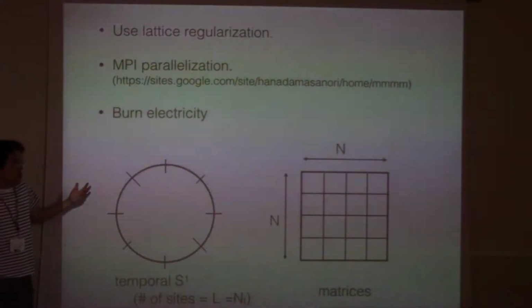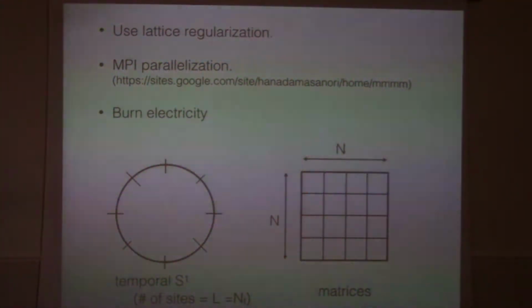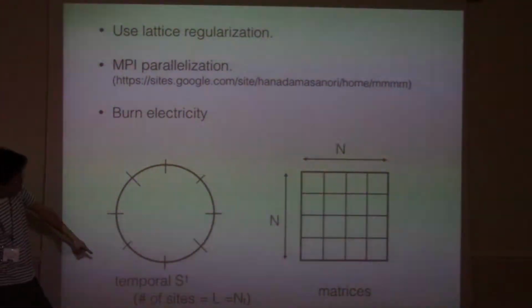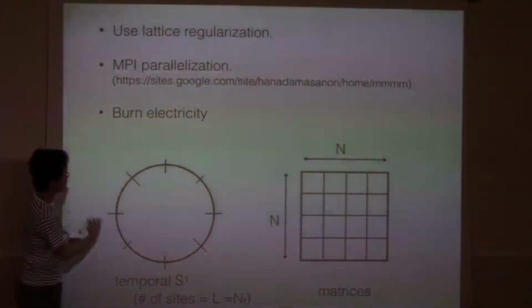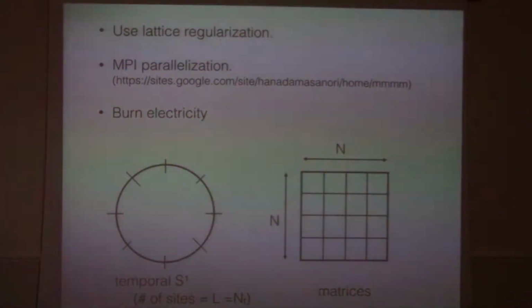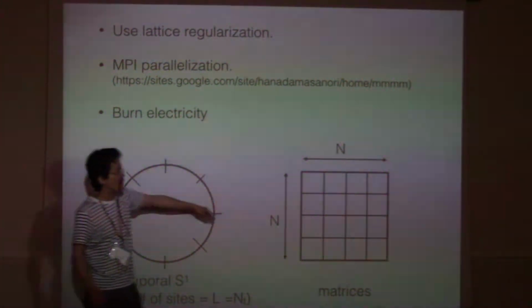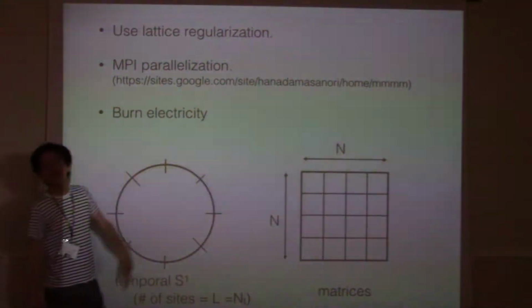But typically in lattice QCD in 4 dimensions, each direction can be split into sub-lattices, and if you have 10 sub-lattices along each direction, then you can use 10 to the 4th CPUs. But in our case, we have just one direction, but rather we have huge matrices. So if we just divide the temporal direction into sub-lattices, we cannot really use the power of a parallel computer. What we have to do is divide the matrices into sub-matrices.